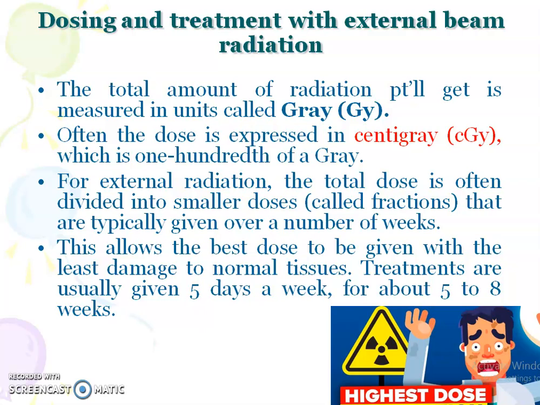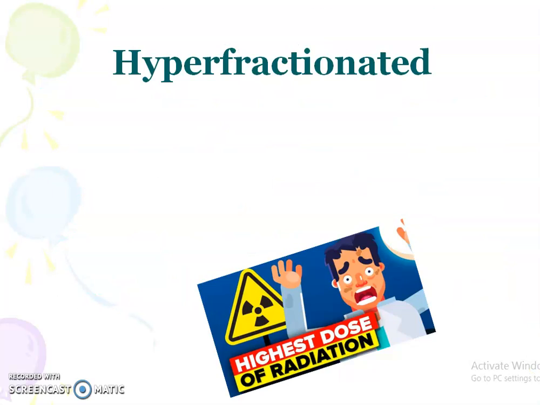This allows the best dose to be given with the least damage to normal tissues. The external radiation treatment will usually be given 5 days a week and will last for around 5 to 8 weeks.